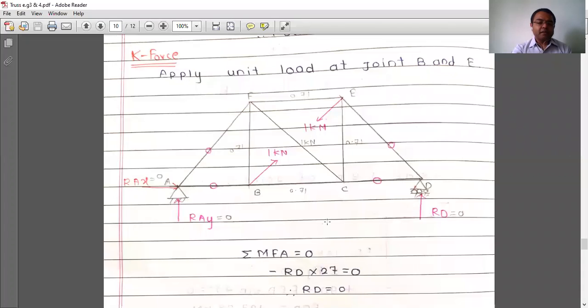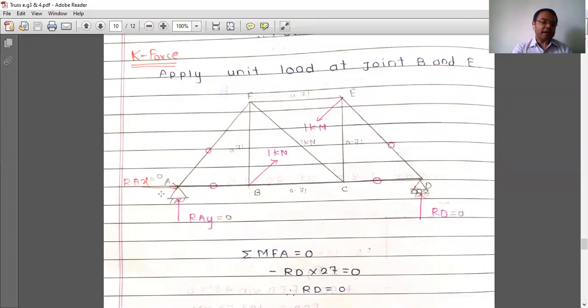Next, we'll apply the zero force member rule. So here, if you remove this support, because RAY and RAX are 0, just tentatively remove this. So at this joint, two members are meeting, and no external force is there.